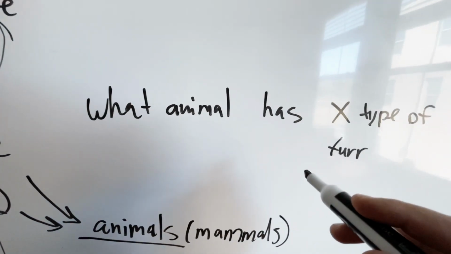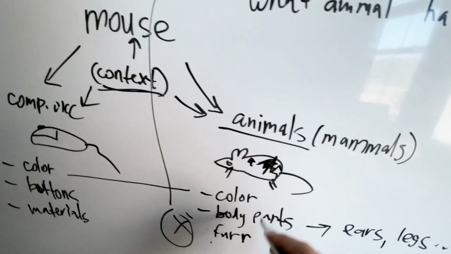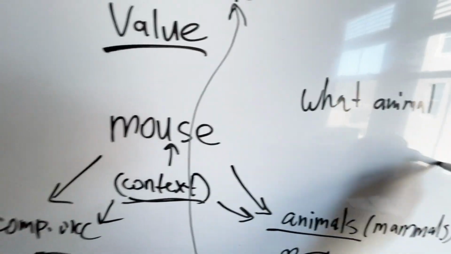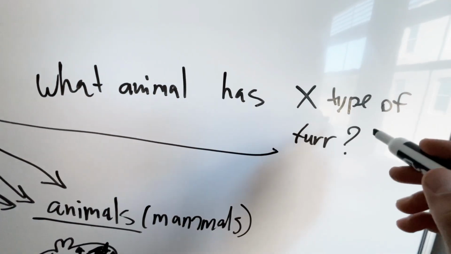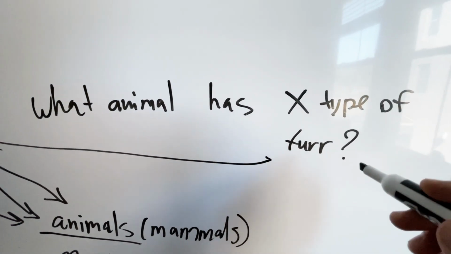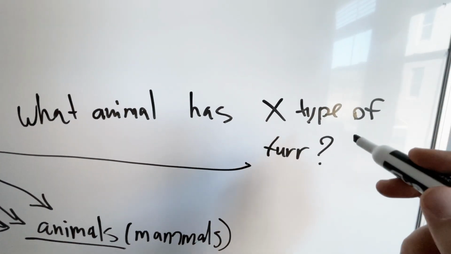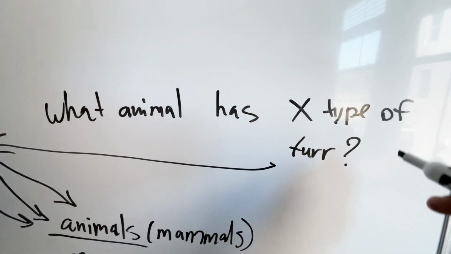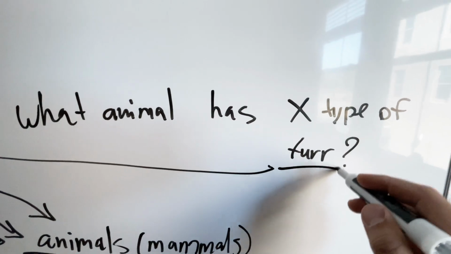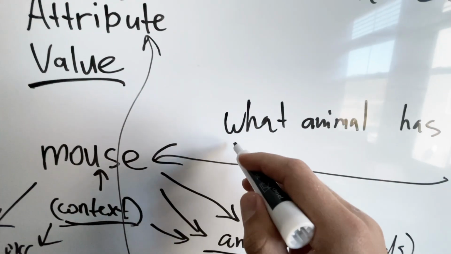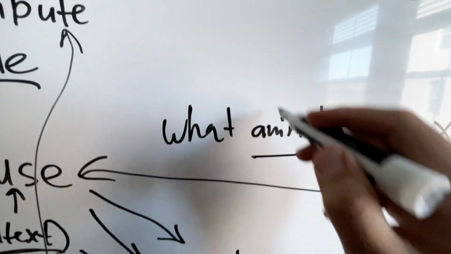this is an entity seeking query, right? This is a query that's looking for an entity, mouse, in the context of animals. So Google would search in the database. Of course, it's not gonna search it like you do, but it's just gonna retrieve that information because it has all the relationships already predetermined. It's inside of the knowledge base. So it's gonna take fur and a type and a predicate like has, and it's gonna see that's an animal or a mammal.